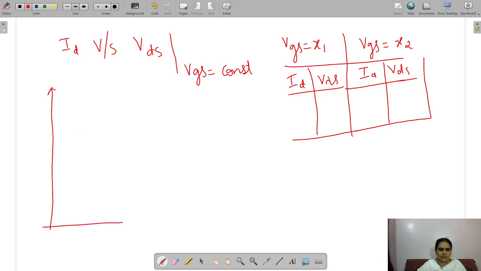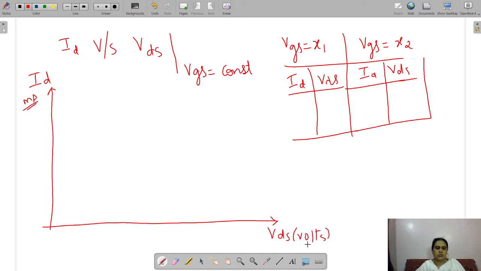I will just plot the characteristics. So this is a plot of ID. Usually the drain current is in milliamperes, against VDS. Remember the experimental setup.